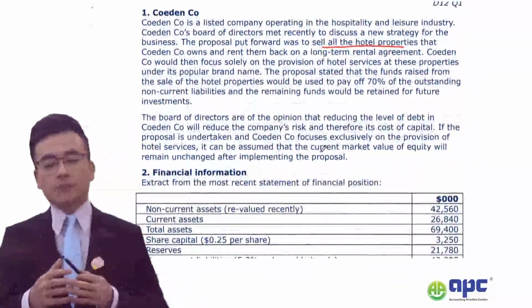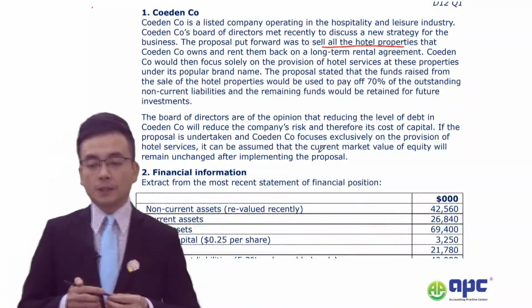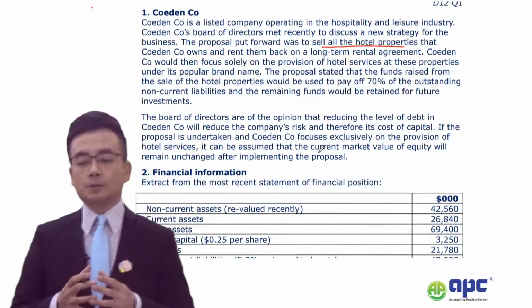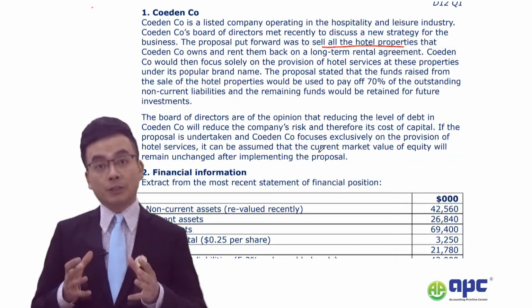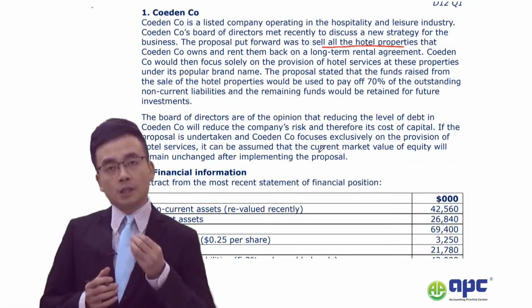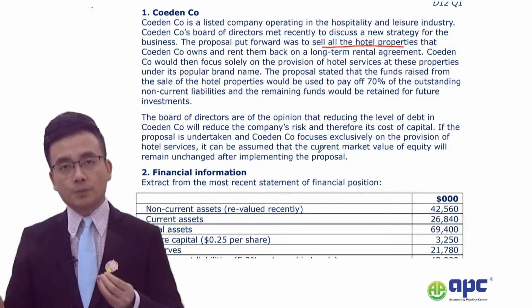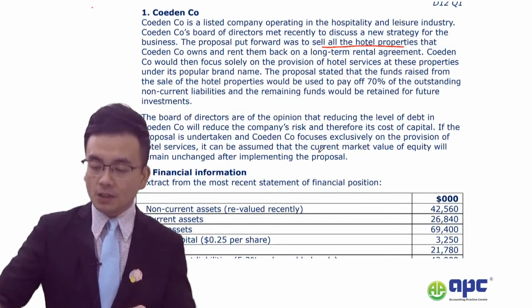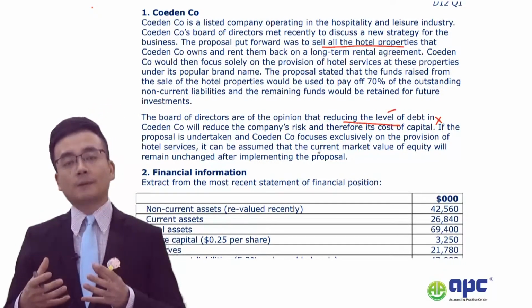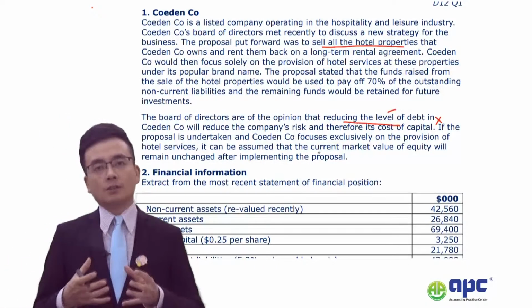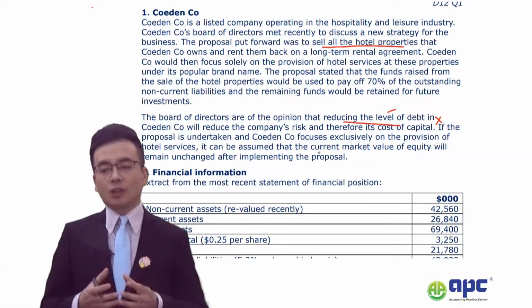And the second paragraph, it says that the board is of the opinion that reducing the debt level will reduce the company risk and therefore reduce the cost of capital. Now, do you believe that this is true? Well, the answer is no, probably, because reducing debt means that you're losing chances to earn tax savings on interest.